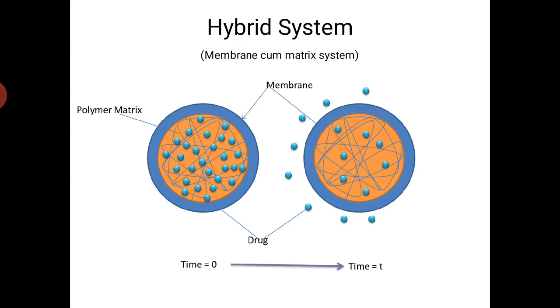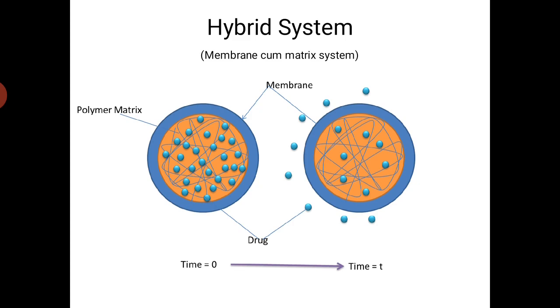Now, the last one is our hybrid system, which is a combination of membrane plus a matrix system. Here the blue color is showing the polymer membrane, the center portion is our matrix, and inside the matrix you can see the spherical-shaped drug molecules. That means the matrix material controls the release of drug from the delivery system, and the membrane also controls the release of drug.